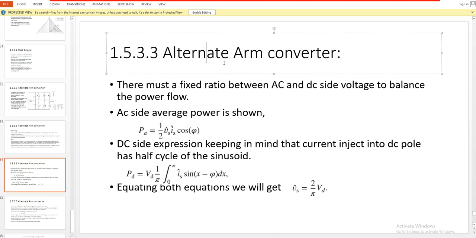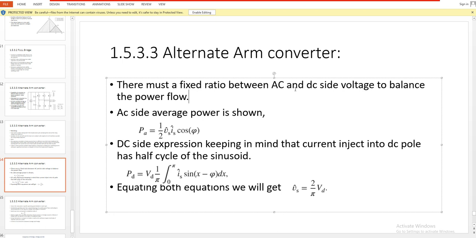In the alternate arm converter, there must be a fixed ratio between AC and DC side voltage to balance the power flow. Now in order to balance the power flow, we have to fix this AC and DC side voltage. The ratio between them must be fixed, and this is the average power, 1 by 2 VsIs cos phi, where Vs and Is are the instantaneous voltage and instantaneous current, and cos phi is the power factor.